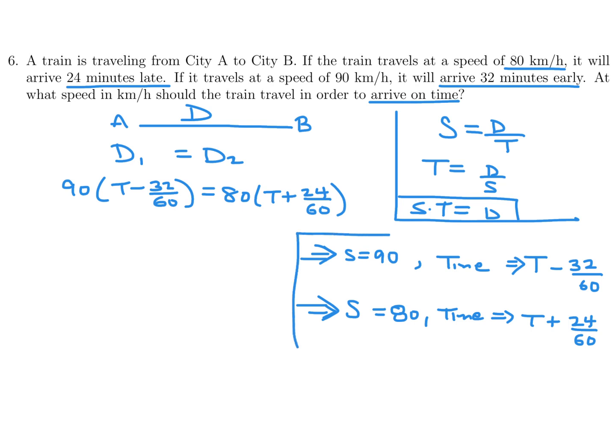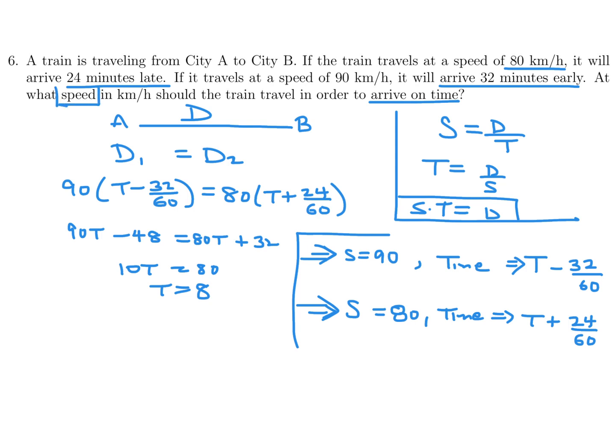So I guess this will allow me to solve for T. So this will be 90T minus 48, and this will be 80T plus 32, I believe. And then that's going to be 10T is 80, and therefore T is 8. Okay, but they want the speed.